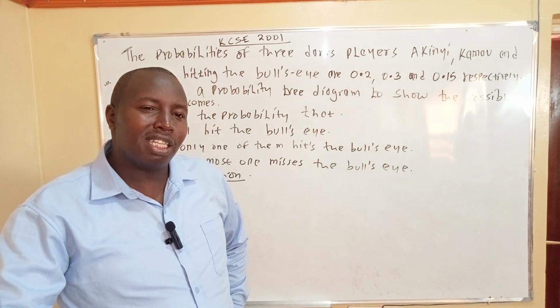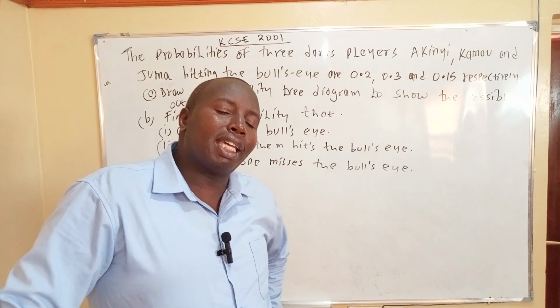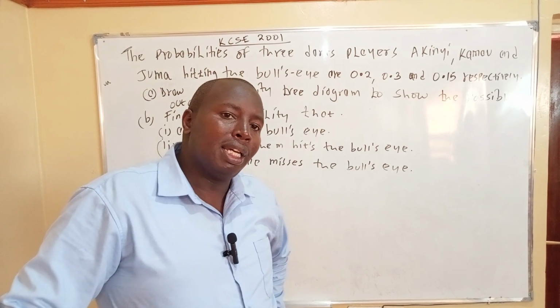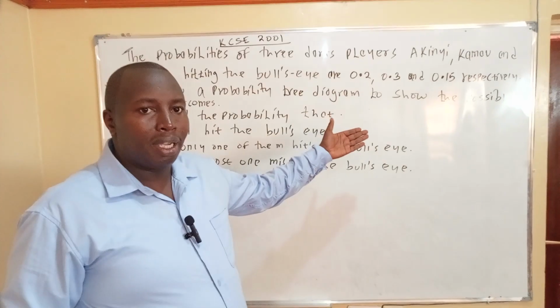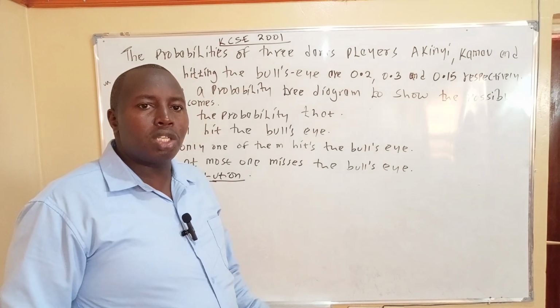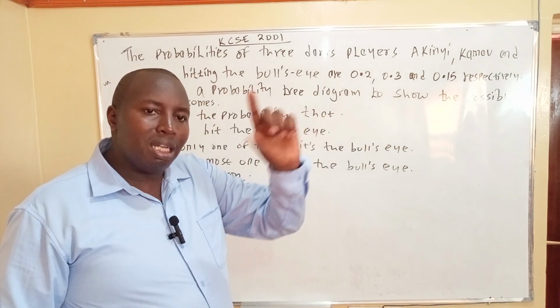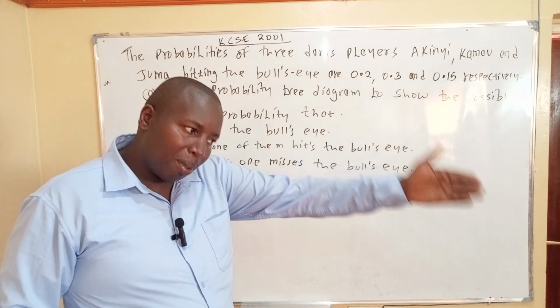These are independent events: if Kamau hits the bull's eye, Akinyi can hit or miss the bull's eye. Or if Juma hits the bull's eye, Kamau can miss or hit the bull's eye. The performance of one does not affect the performance of the other one.